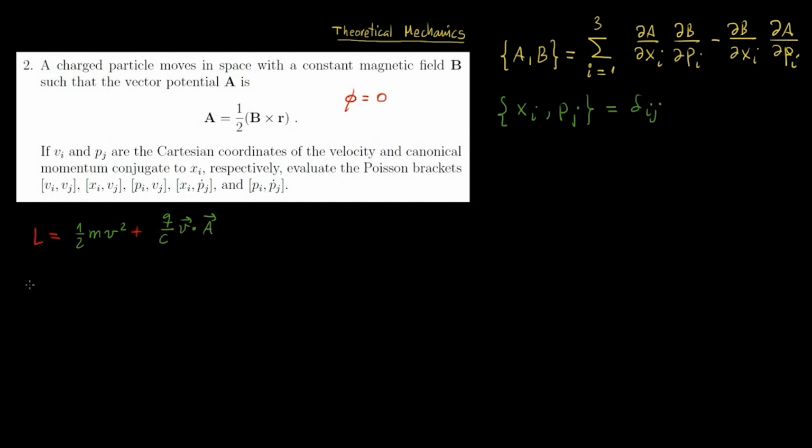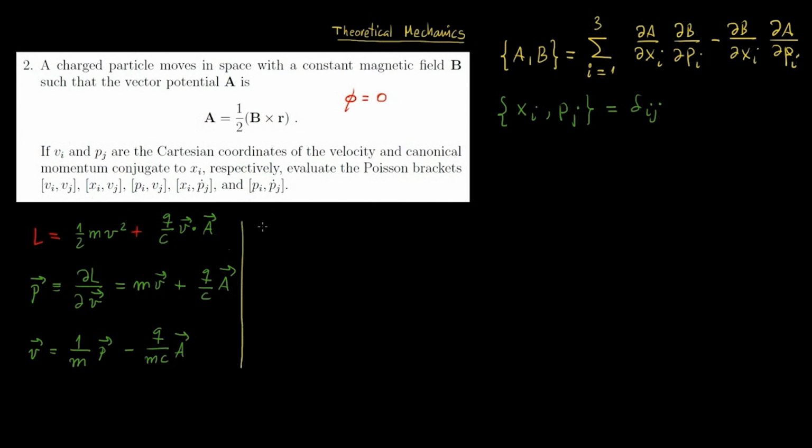Let's calculate the conjugated momentum defined by the partial derivative of L with respect to v, and this is m v plus q over c A. Let's isolate v. That will be 1 over m p minus q over m c A. Okay.